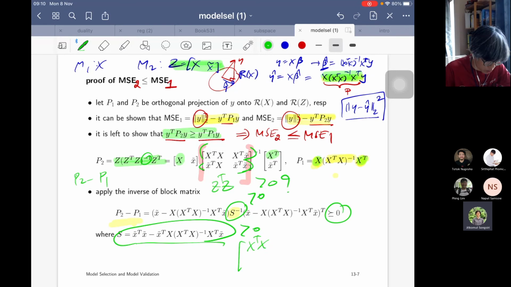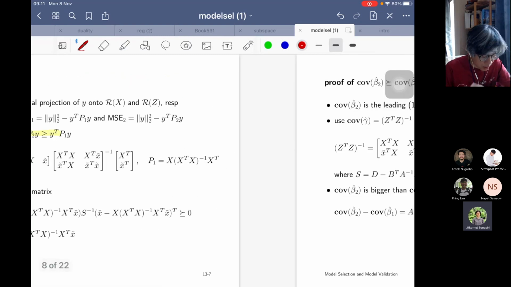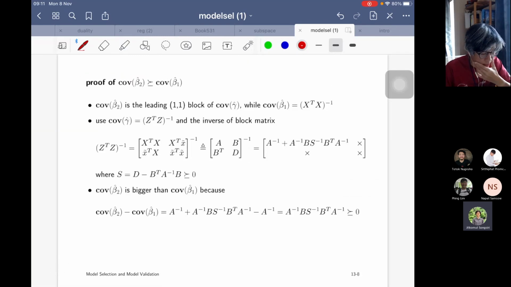So you have shown that P2 is bigger than P1, and that makes MSE2 smaller than MSE1. Now the next result.